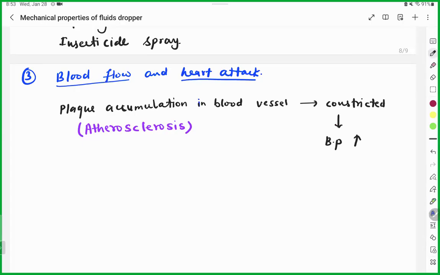And if you increase the blood pressure, pressure inside will decrease. And if pressure inside decreases, what will happen? There is a chance of collapse due to the external high pressure.